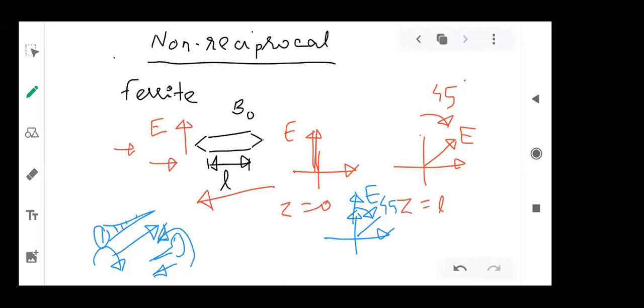If the same wave moves from the right-hand side to the left-hand side, once again it should rotate in the clockwise direction, but it is not going to happen. It will rotate in the anti-clockwise direction. So that is the property of the ferrite material. It is non-reciprocal in nature, and using this property we are going to make all the non-reciprocal devices. So you have to keep this in mind.